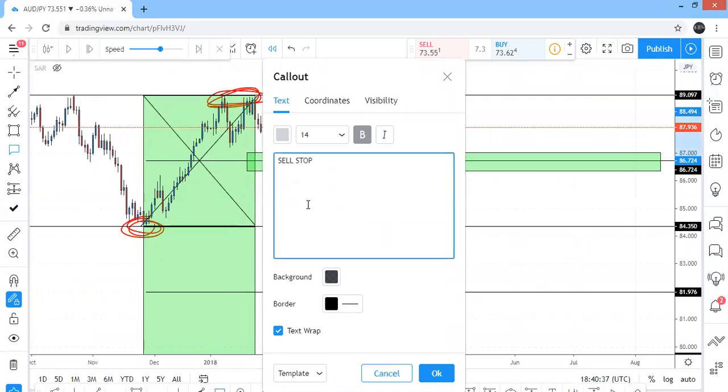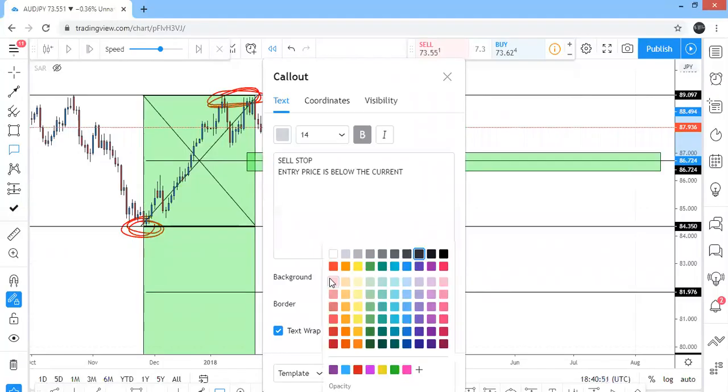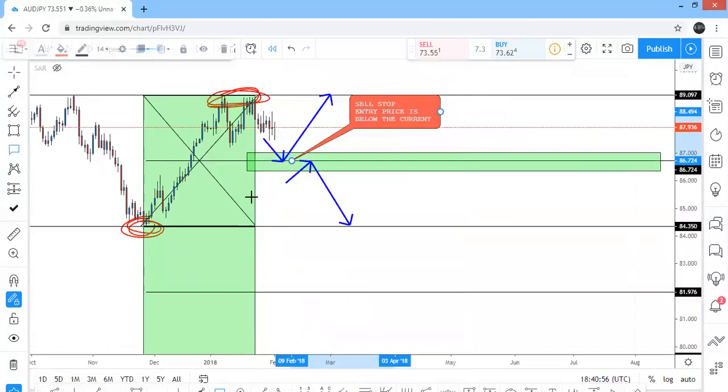meaning that my entry price is below the current price. And it means that you're looking to continue selling down, but you're now anticipating if it does ABC, then I'm willing to go DEF, okay? So that is one condition.